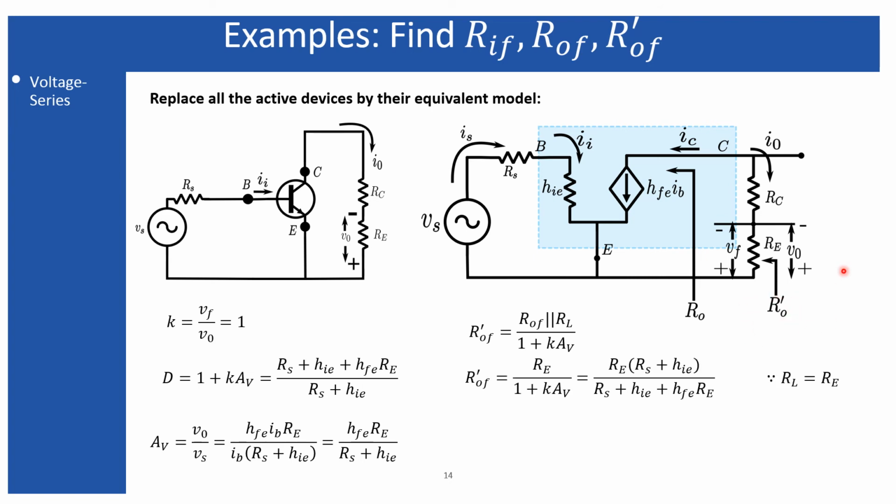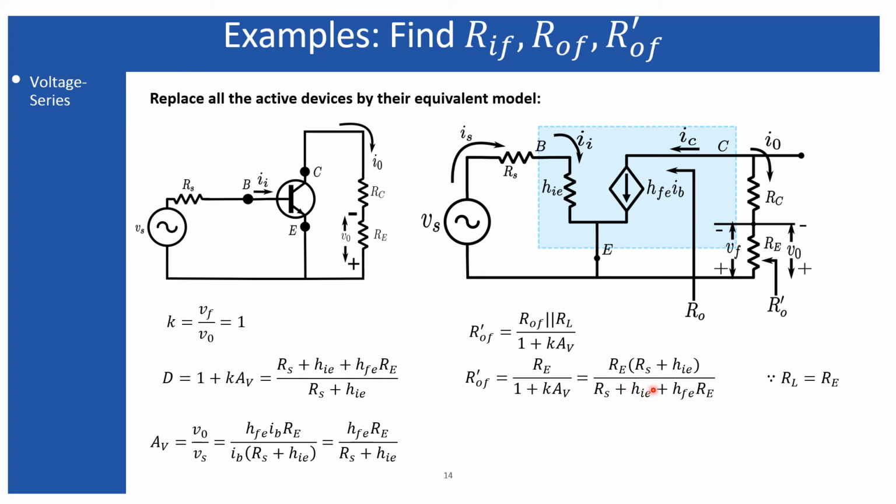Now since Ro is infinite, as we have seen in my last slide, the parallel combination with the load impedance, which is Re, will result in Re itself, divided by 1 plus K times A capital V, and the expression for this K times A capital V, that is the expression for the desensitivity factor, is this one.